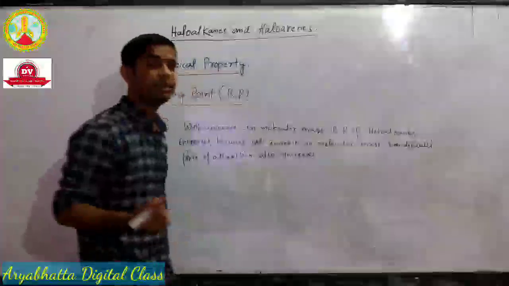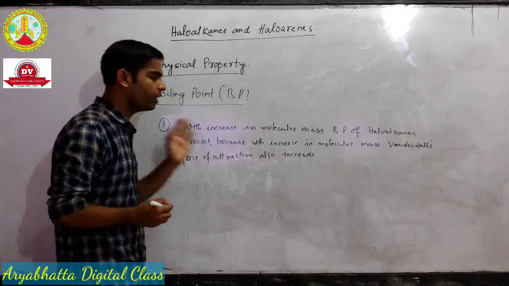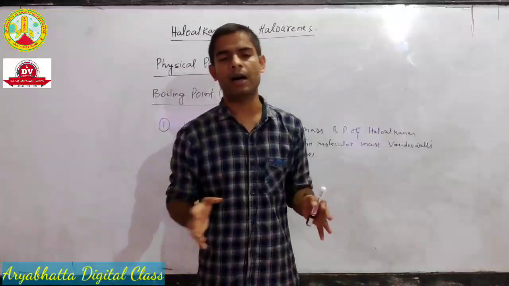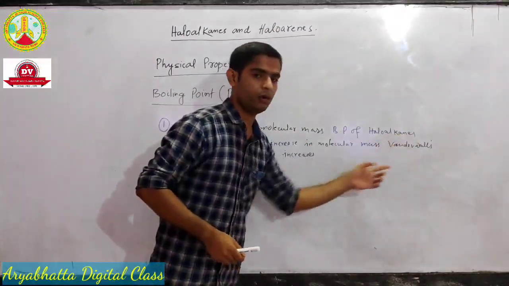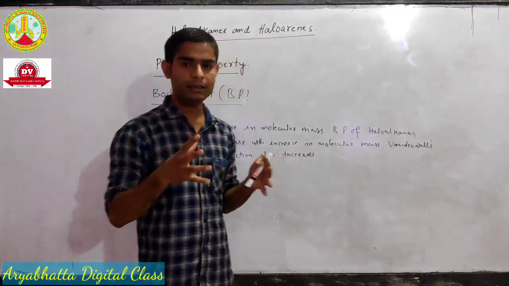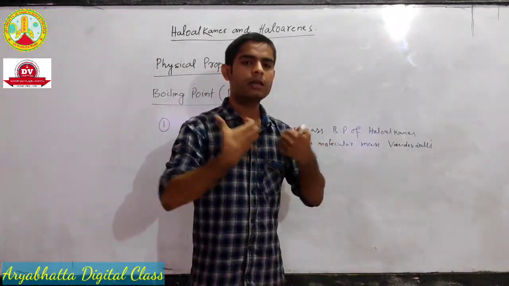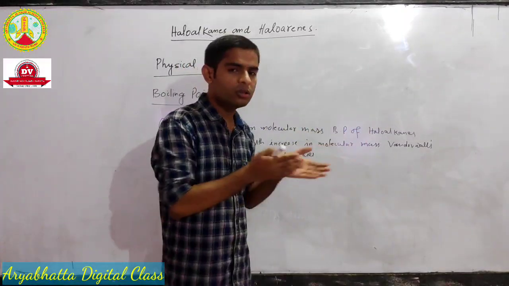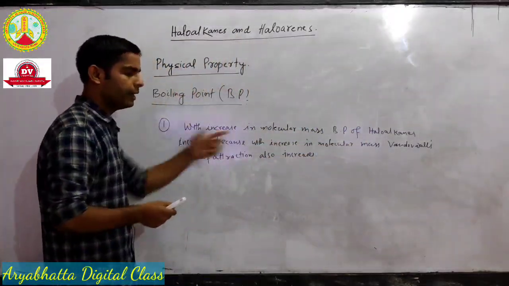What is the reason behind the increase in boiling point? With increase in molecular mass, the van der Waals interaction, or London forces, between two molecules increases, and as a result the molecules are tightly packed, so it takes more energy to separate them, and the boiling point increases.